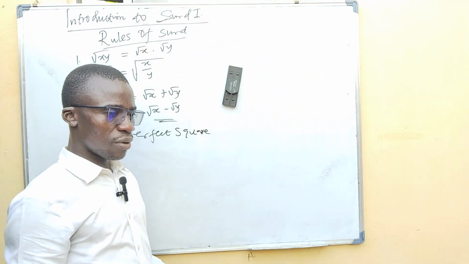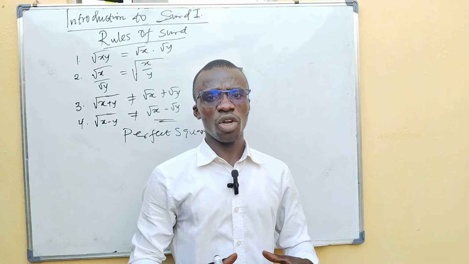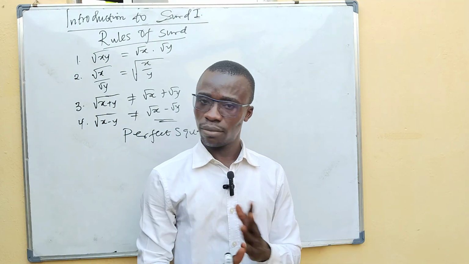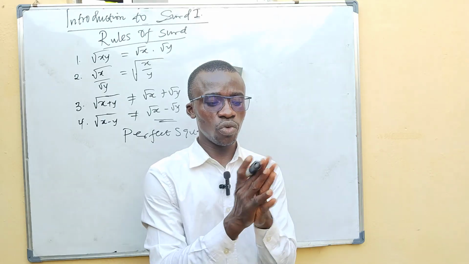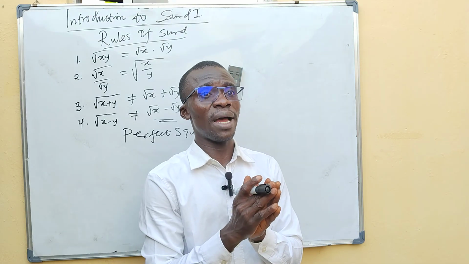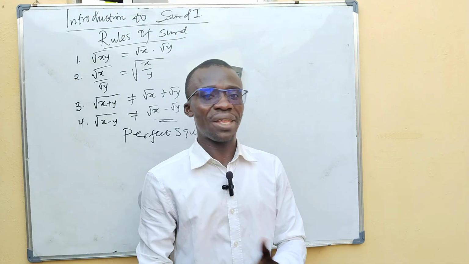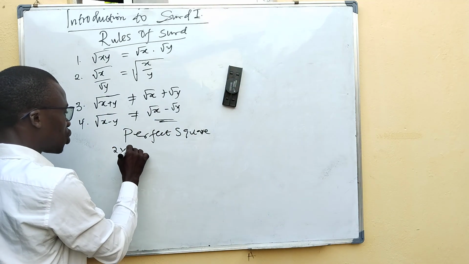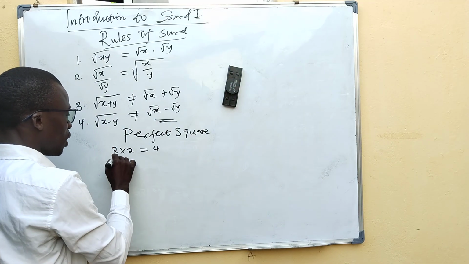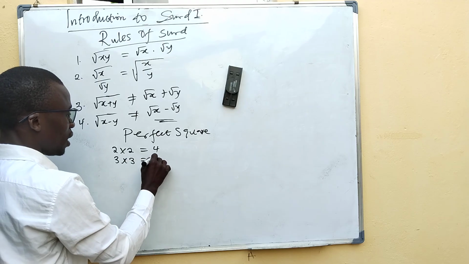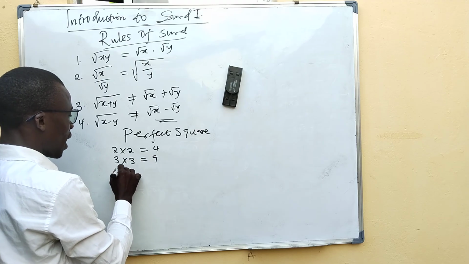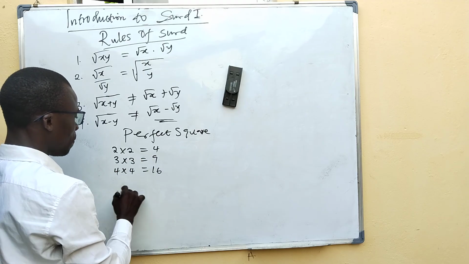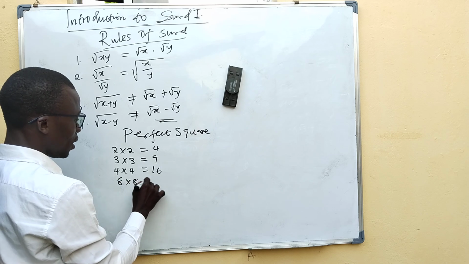It's actually very simple. A perfect square is a product of two same numbers. That's just it. You know, a product is a value obtained after multiplication. So 2 times 2 is 4, 3 times 3 is 9, 4 times 4 is 16, 8 times 8 is 64.